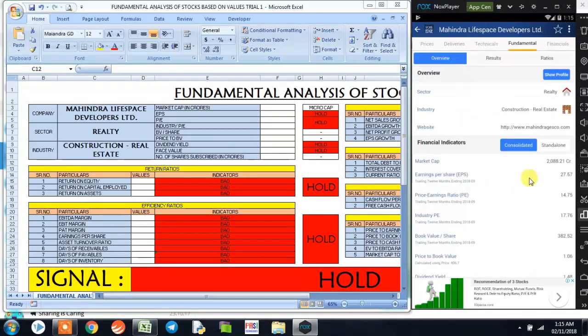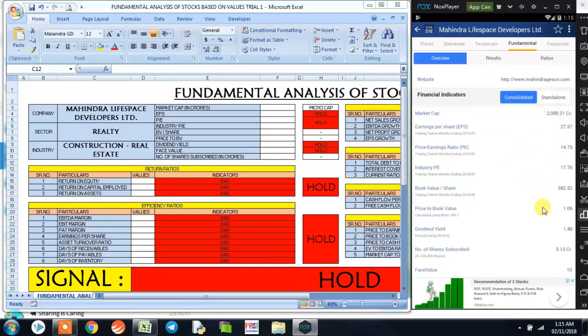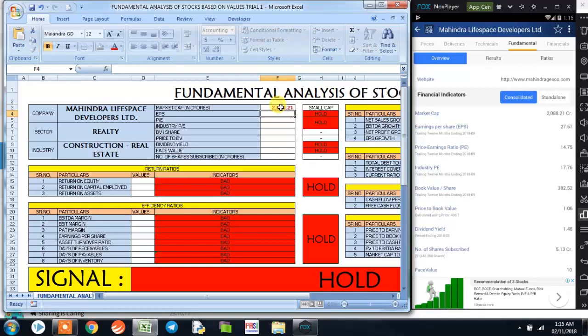Coming on to the financial indicator, we'll be putting this financial value onto our Excel program. So first is market cap, which is 2088.21 crores. Clearly a small cap company. The earning per share is 27.57. The price to earning ratio is 14.75. The industry price to earning ratio is 17.76.